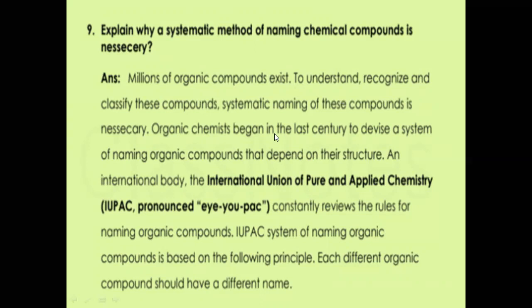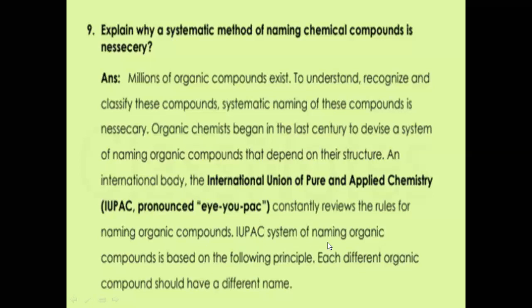Organic chemists began in the last century to devise a system of naming organic compounds that depends on their structure. An international body, that is the International Union of Pure and Applied Chemistry, which is also called the IUPAC system, constantly reviews the rules for naming organic compounds.